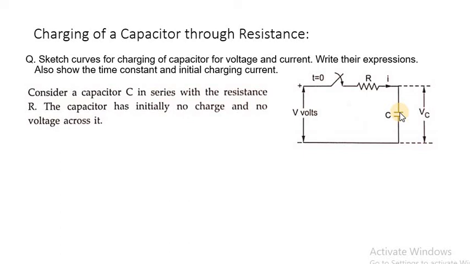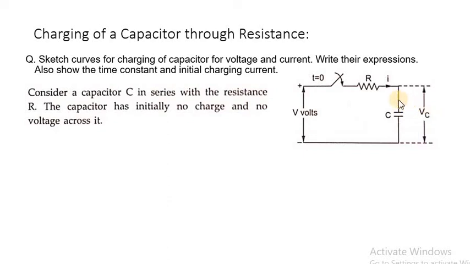This I have already discussed in the previous video: why capacitor doesn't absorb a sudden current I as soon as the switch is closed, because capacitor does not allow sudden changing voltage. So before t equal to 0, when the switch was open, Vc was 0 because it is an uncharged capacitor. So immediately when the switch is closed at t equal to 0, that time also Vc is still equal to 0.